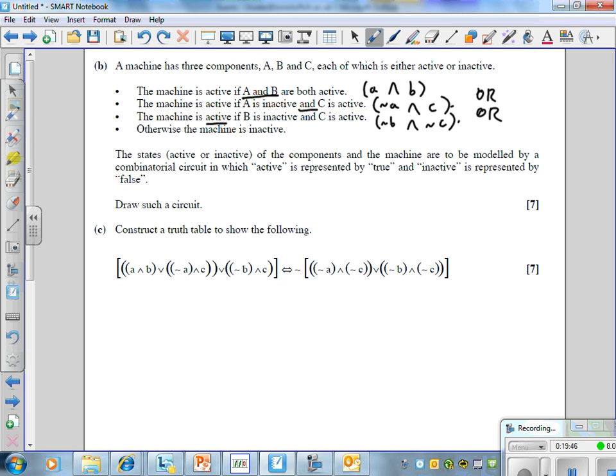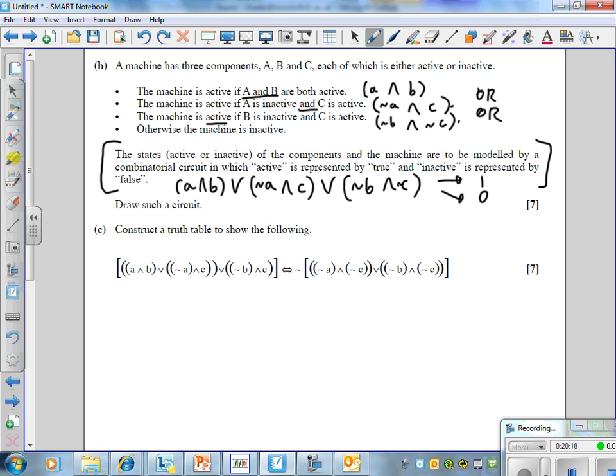Now, what we're saying is that the machine is active if this is true, or this is true, or this is true. So our machine basically is only active if this expression is true: A and B, or not A and C, or not B and not C. If this is represented by a Boolean expression 1, the machine is active.